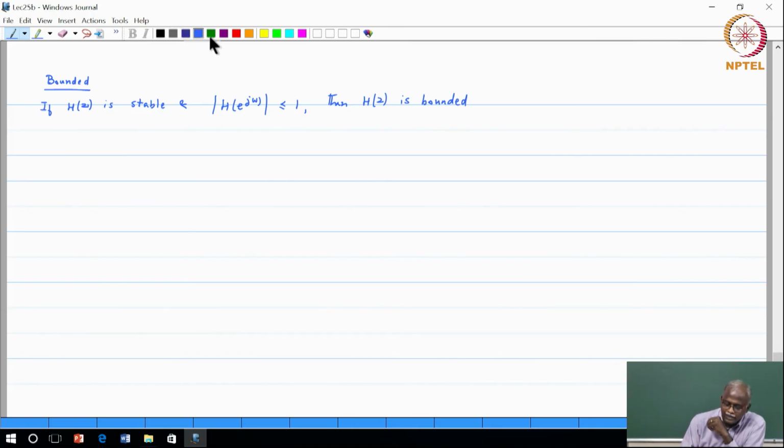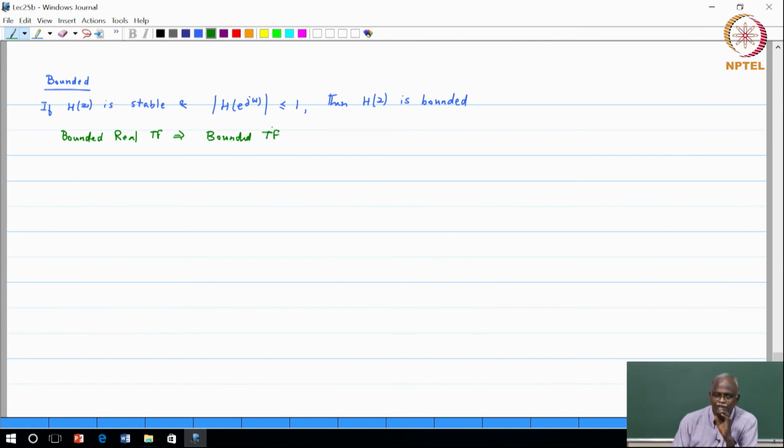There is another subset of this which is called bounded real transfer function, that is the class of functions where the coefficients of H(z) are real. So again nothing very different. Bounded real transfer function implies a bounded transfer function with real coefficients.